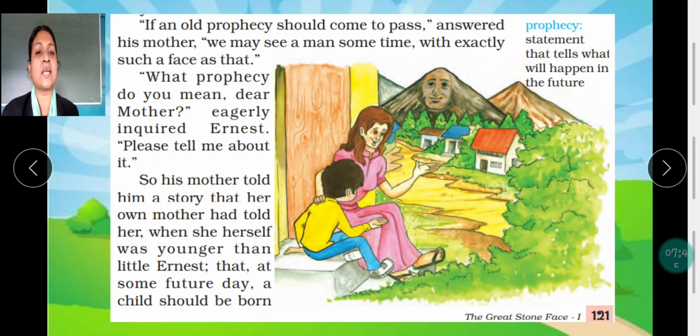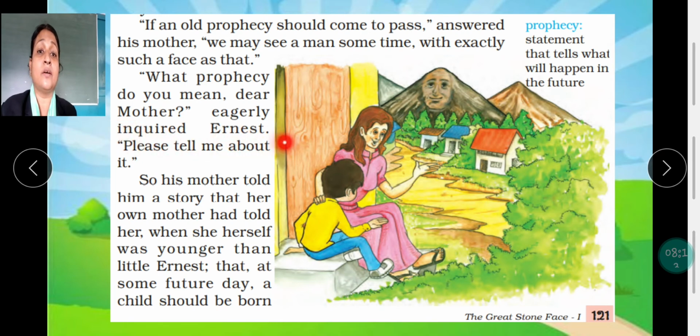That statement said by the ancestors, that very soon you will come across that person. "We may see a man sometime with exactly such a face as that," and that was the prophecy, that in future you will find a man having the same resemblance to that mountain structure. So the child is asking, "What prophecy do you mean, dear mother?"